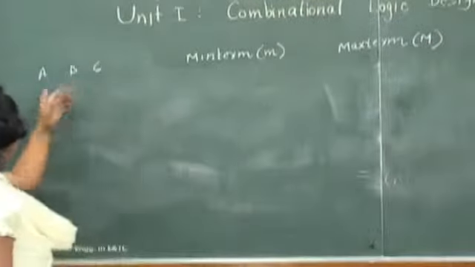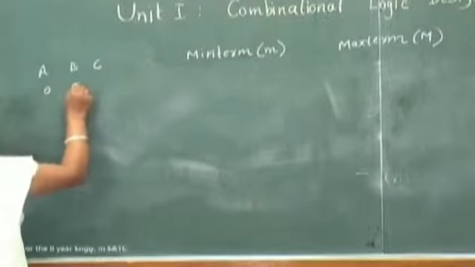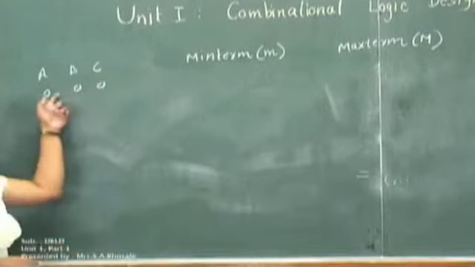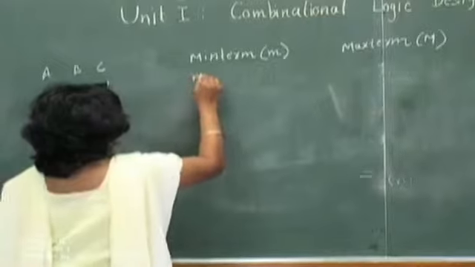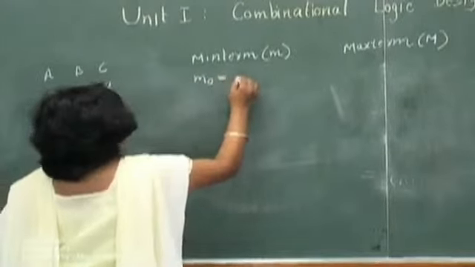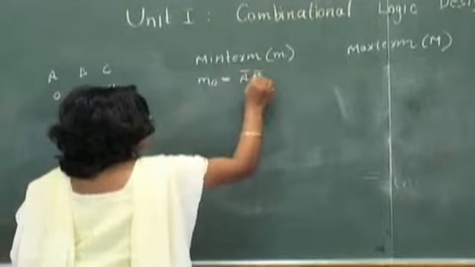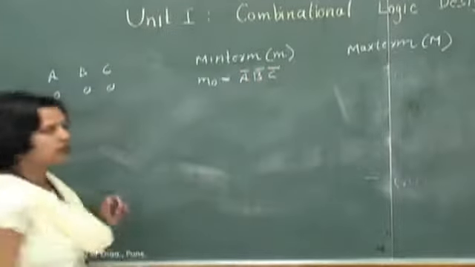Okay. So here let us start with all the cases for ABC. ABC is 0, 0, 0. So it will be represented in terms of min term as m0 is equal to A bar, B bar, C bar.